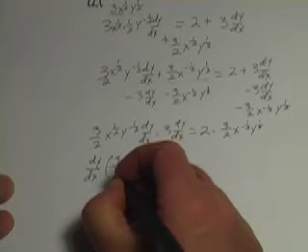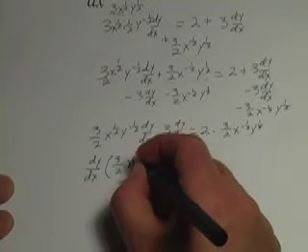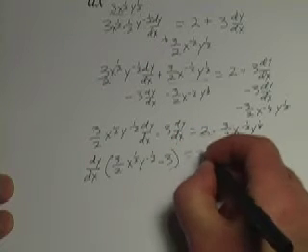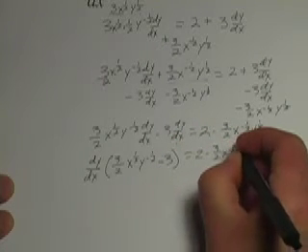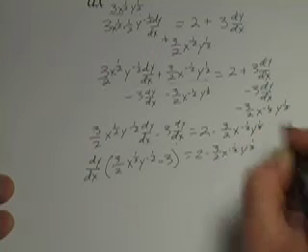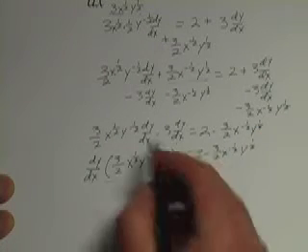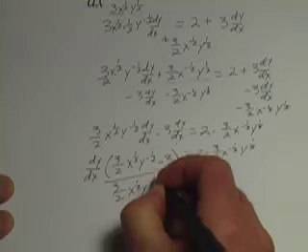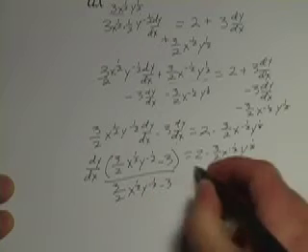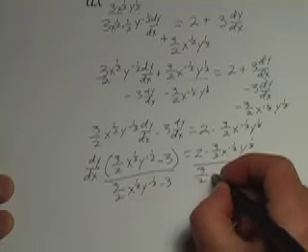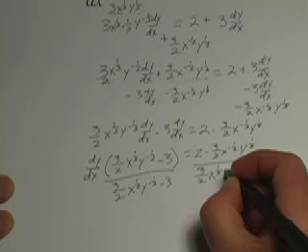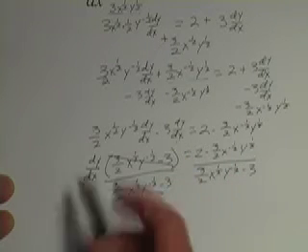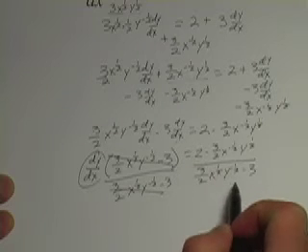And that leaves us with 3/2 x to the 1/2 y to the negative 1/2 minus 3 equals 2 minus 3/2 x to the negative 1/2 y to the 1/2. And then we simply divide both sides by what's in the parentheses. Okay, so this obviously cancels. Our derivative, what we're looking for, equals that big thing.